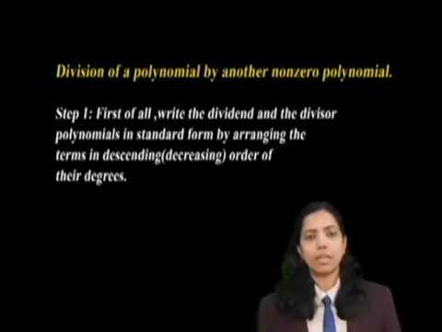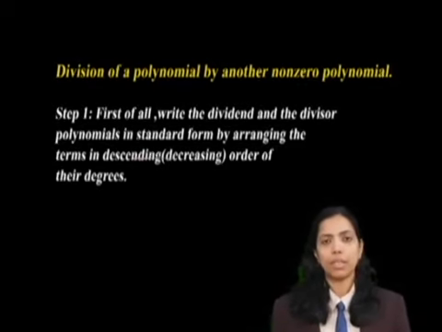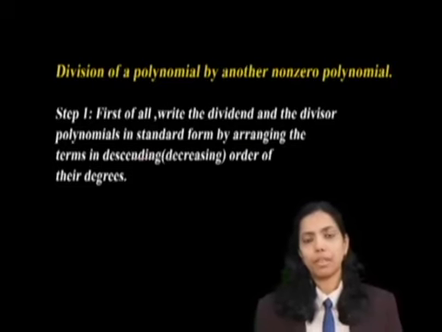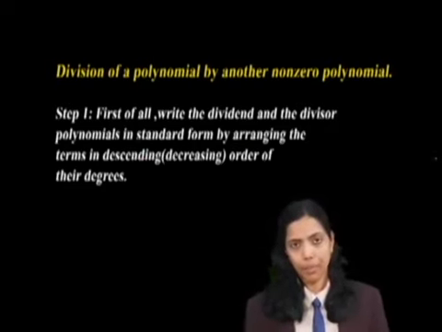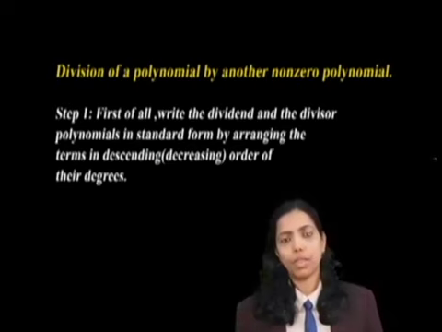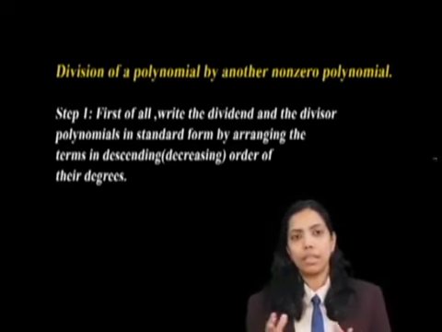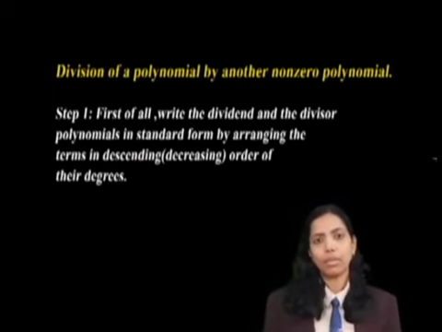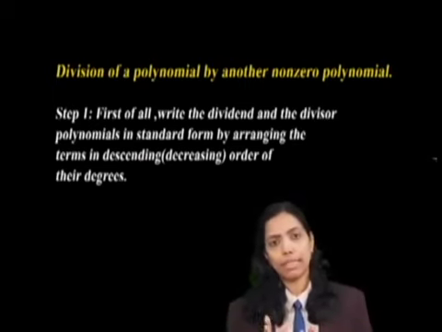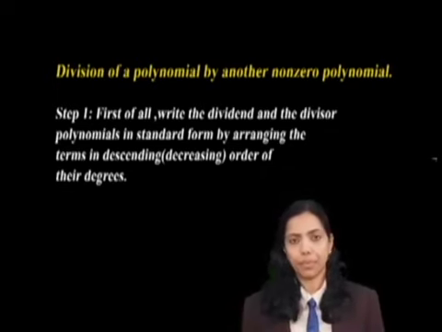There are 5 steps involved in performing the division of a polynomial by another non-zero polynomial. Step 1. First of all, we have to arrange the dividend polynomial and the divisor polynomial both in standard form, in the descending order of the degree.